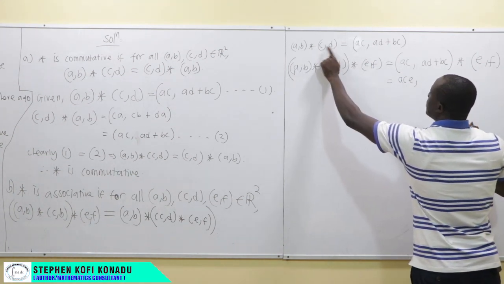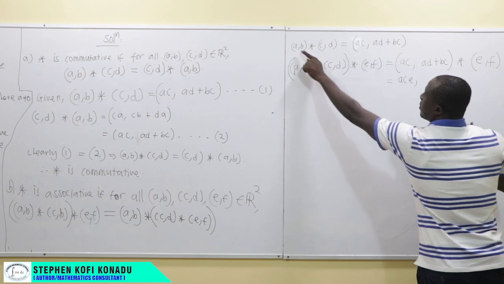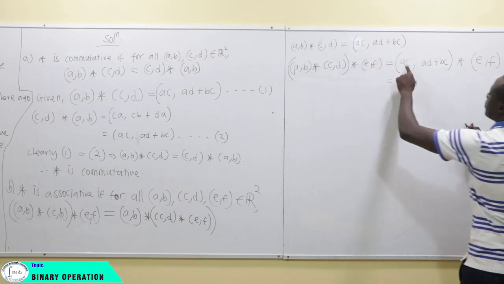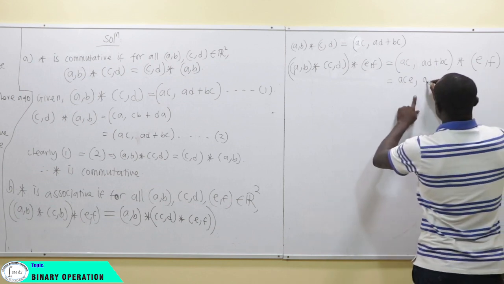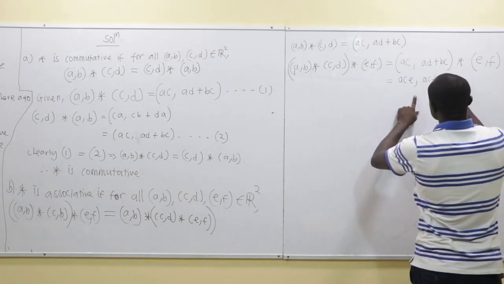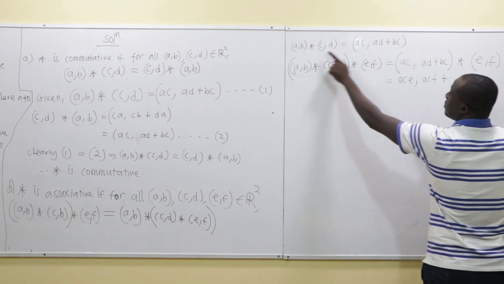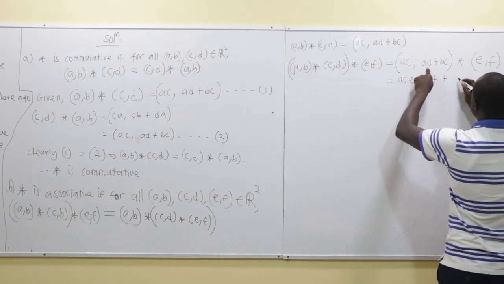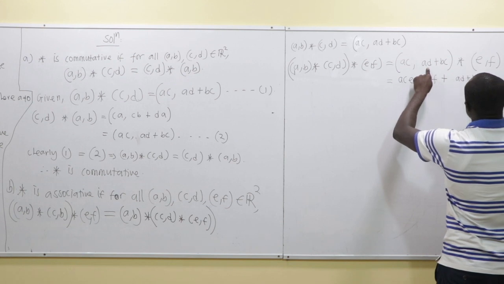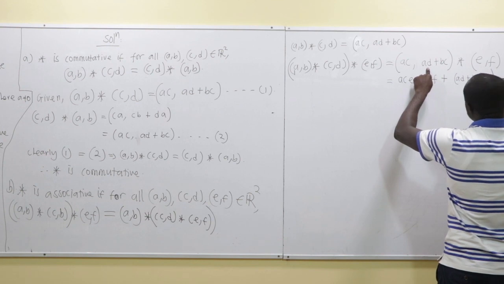That is AD. We have here AD, now these are A, so AC times that, that is ACF, and then plus B times C. So this is our B, so AD plus BC and then times E. So that's what we have here.